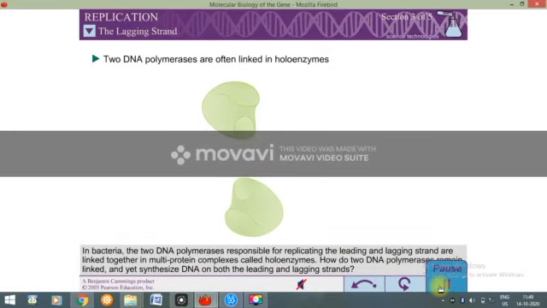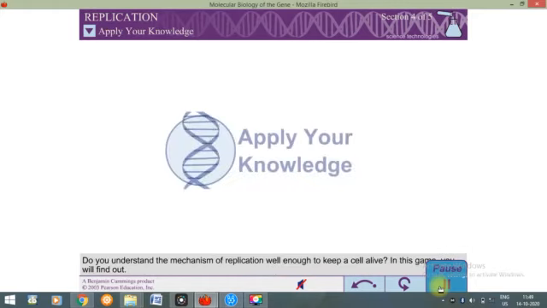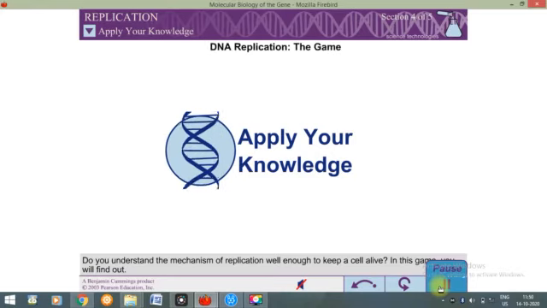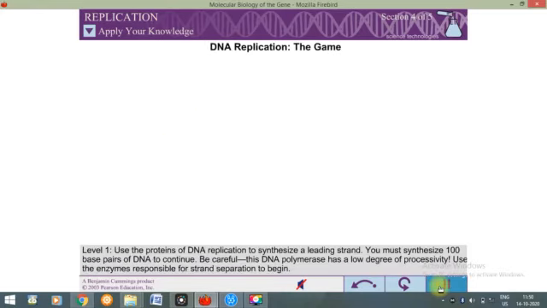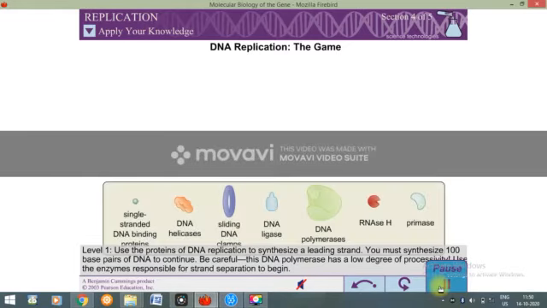This is not in the syllabus, you can skip this part. Okay, so let's play a game, the DNA replication game. You have to synthesize a protein. Okay, you have to use the different strands in their sequence.